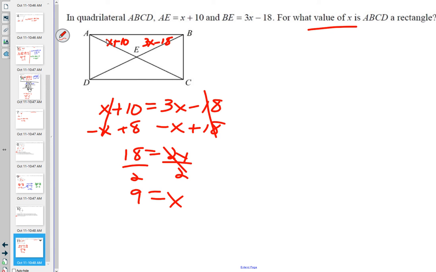Any questions there? Is there any other one that I didn't get to? Which one? Did I write it wrong? x plus 10, 3x minus 18. So 3x minus x is 2x. Oh, yeah, you're right. Thank you.